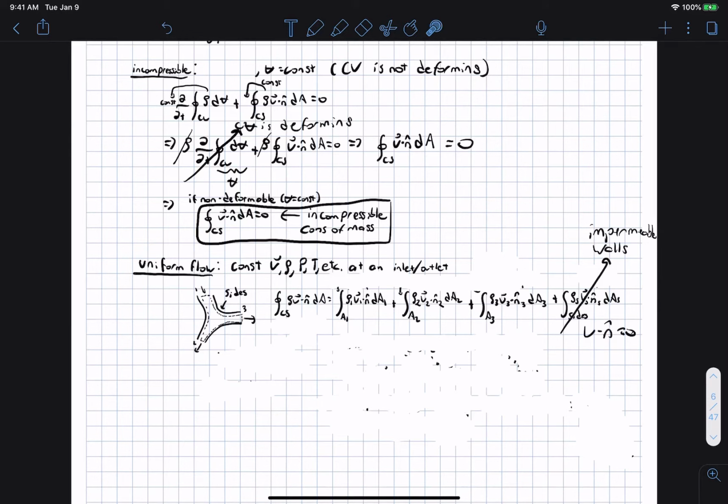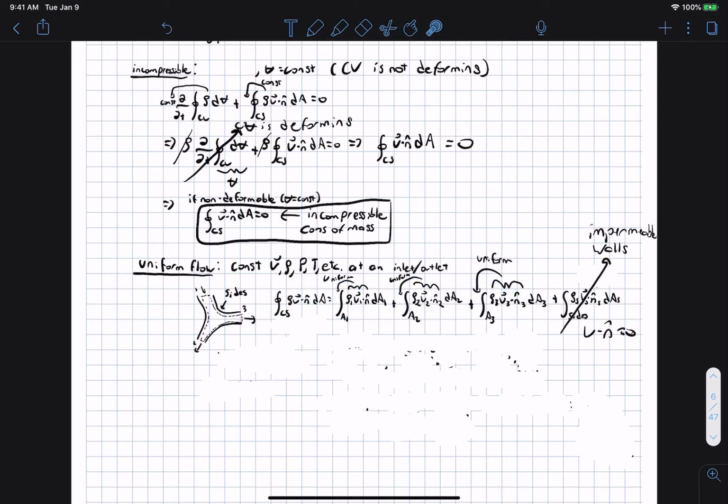Then if the flow is uniform, these quantities over the inlets and outlets are spatially uniform, and we can yank them out of the integrals. We can pull these outside, these outside, and these outside.